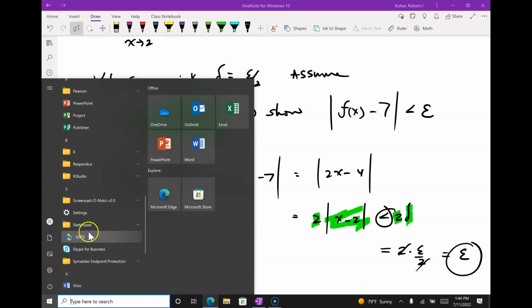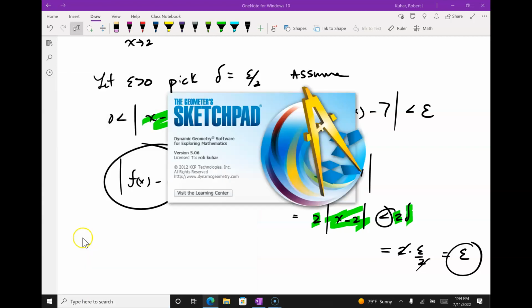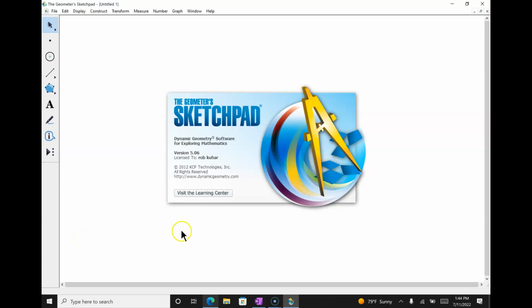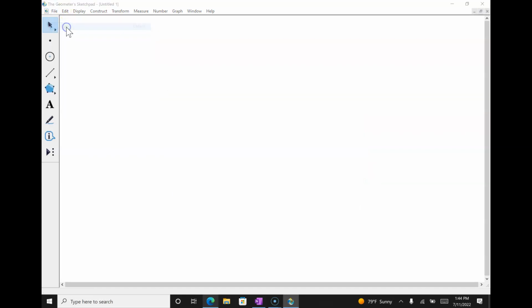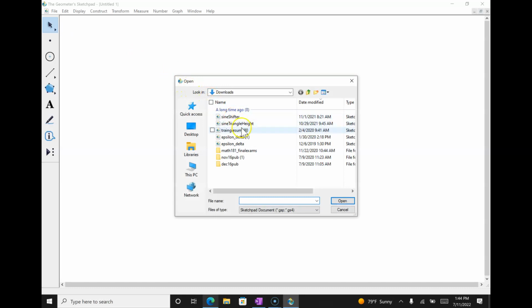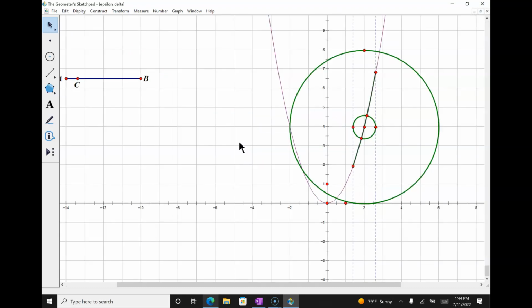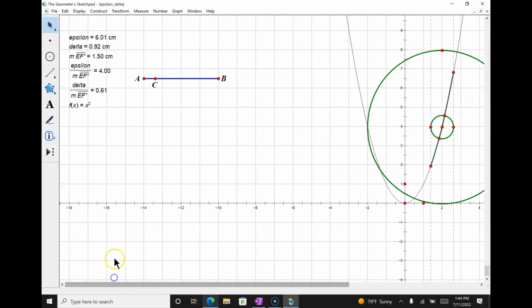I'm using a program called Sketchpad. This is an expensive program, but you can view something similar on Desmos. So I want to change my function.